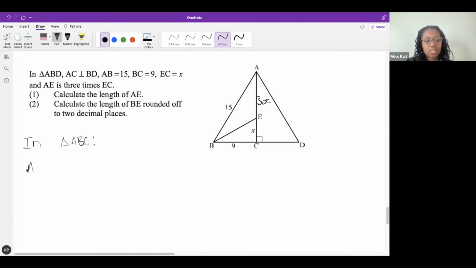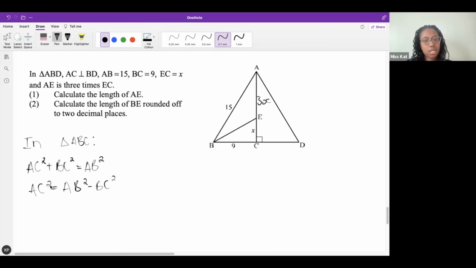AC squared. You can't skip steps, Umulemo. And AC is what we're looking for, right? Yes.